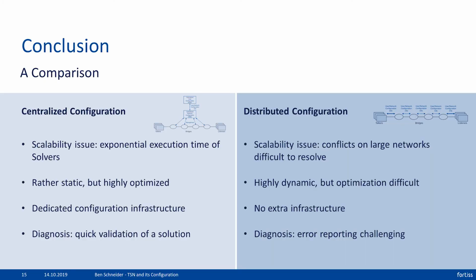As I said, it's a comparison between the centralized and the distributed configuration approach. What we already saw is that both approaches have scalability challenges which have to be solved. If you use the central approach, you have a rather static configuration because the central solver needs a plentiful amount of execution time in order to generate the configuration for the network.